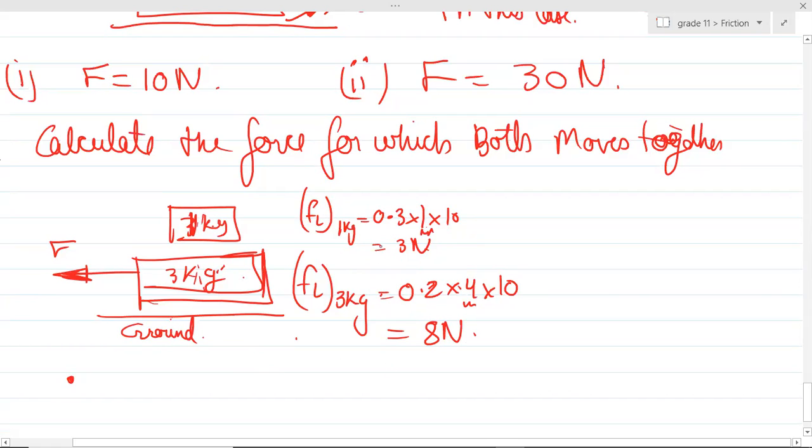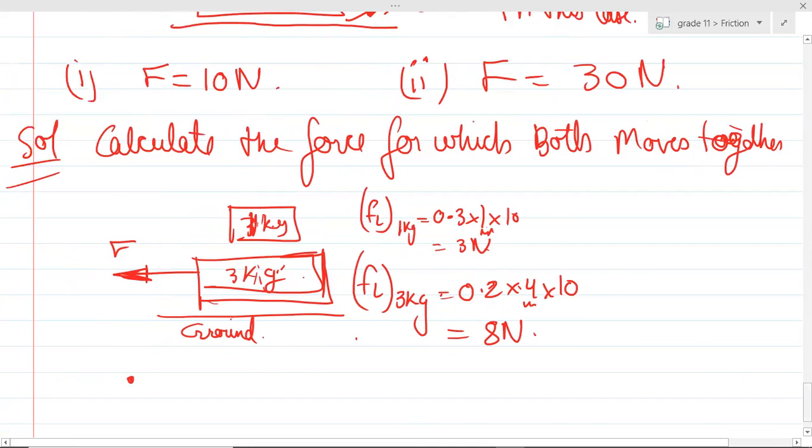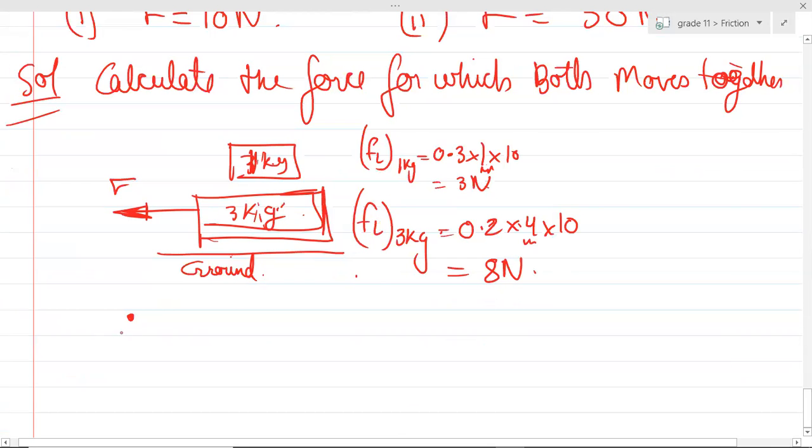So once you are done with the limiting frictions, what will you do? You'll draw the forces. Is 3 kg trying to move in this direction? And please remember, you need to find the force for which both the objects move together with the same acceleration. When there will be the same acceleration, there will be no relative motion.